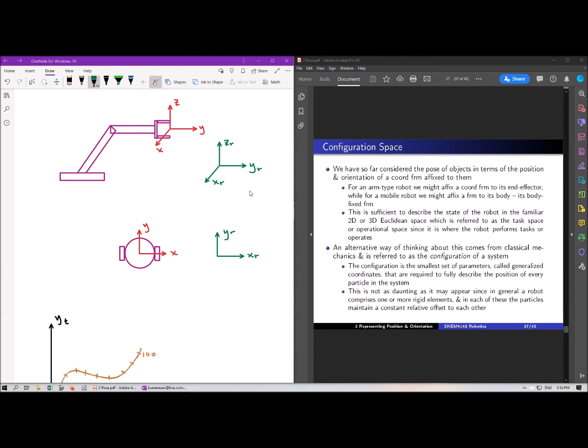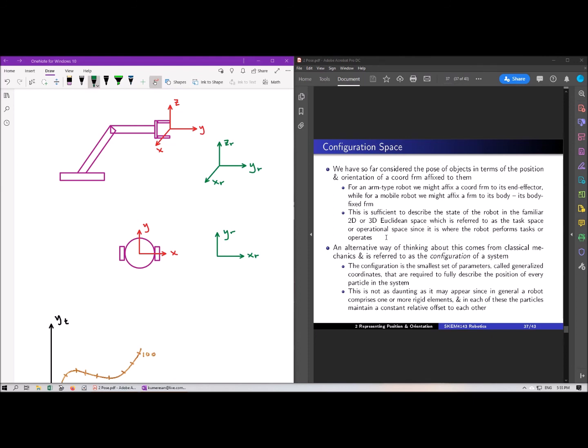Well, we won't be using a robot to operate in the entire room, so you can imagine a 1 meter by 1 meter by 1 meter cube, which is part of the room in which we would operate our robot. That is our task space. When it comes to a mobile robot, if you have a robot vacuum cleaner, the floor of the entire house, which is a two-dimensional space, can be our task space. So that is using poses.